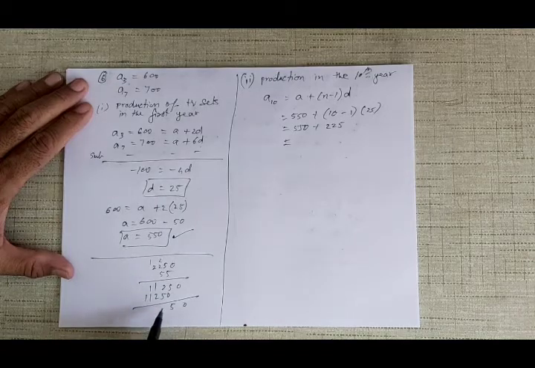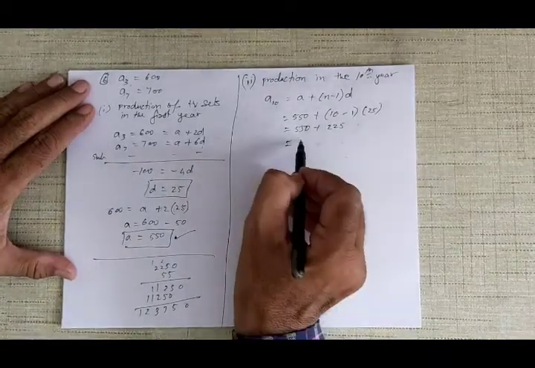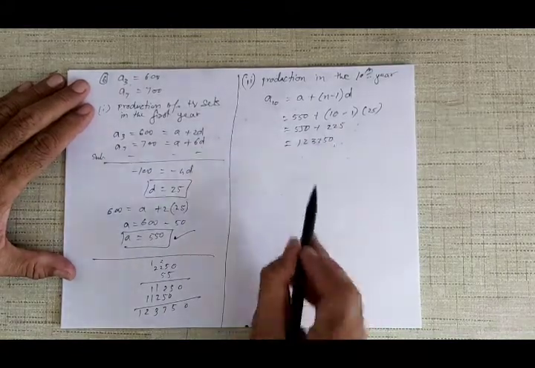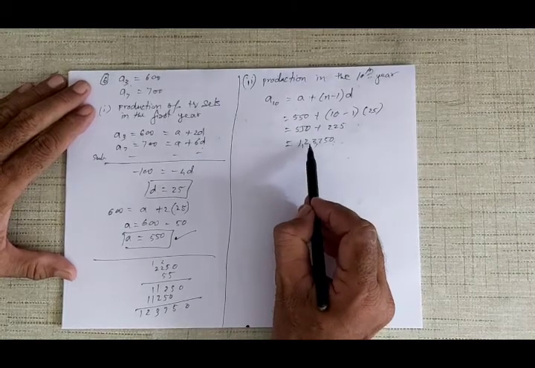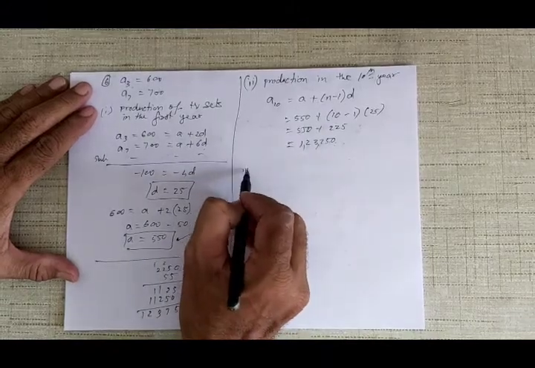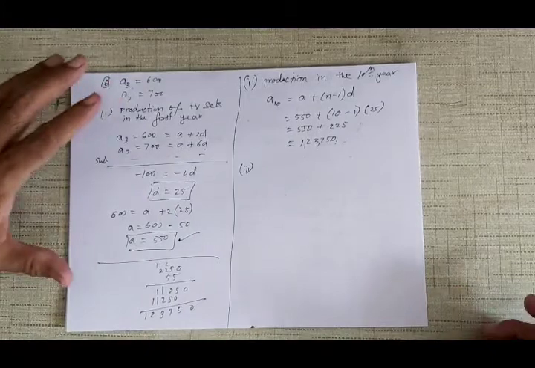So I get 1 2 3 7 5 0. Okay, unit tens 100. Okay, and I get 1,23,750.